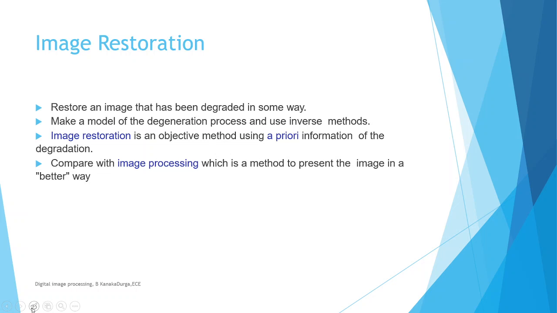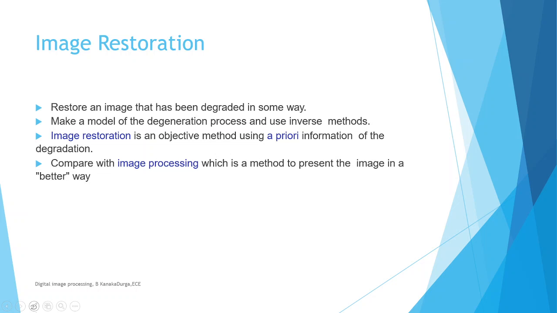In image restoration, we apply the reverse process at the receiver. Then only can we restore the image. How are we going to apply the reverse process? First of all, we have to know how the image has been degraded at the transmitter or in the medium.